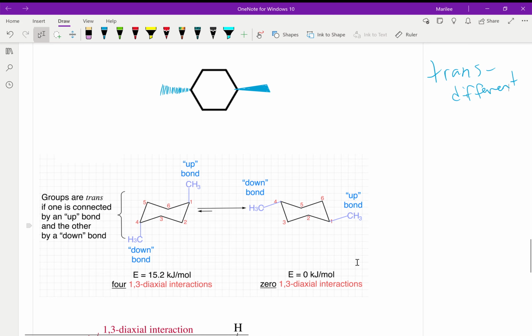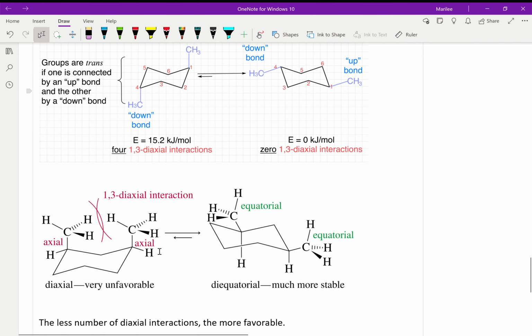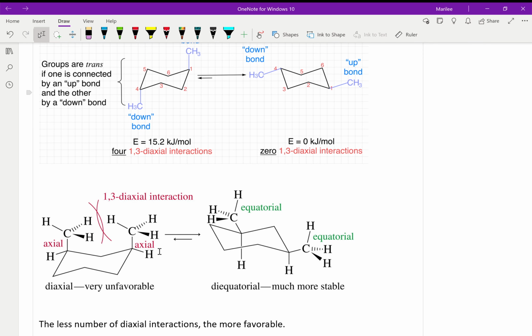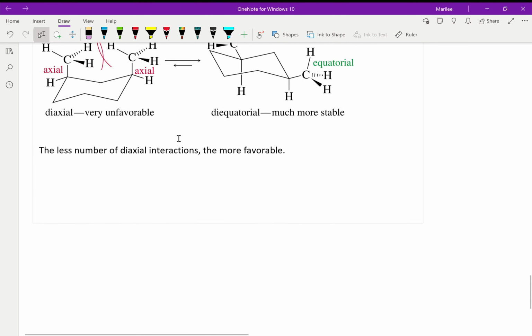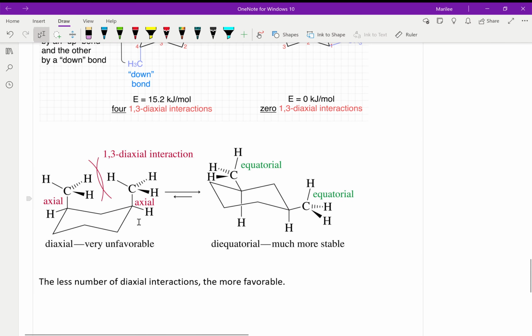So when you have this first way, you guys see that we have four 1,3 diaxial interactions. And how do you see that? So I actually attached this image here. If you draw out, so our example up here is for 1,4, and this one is 1,3.